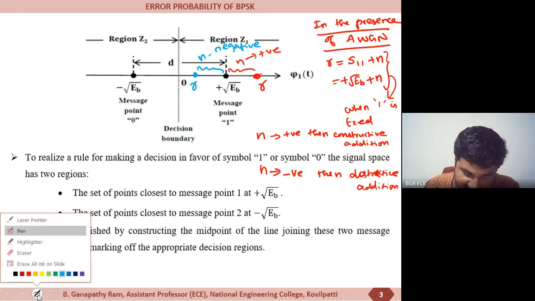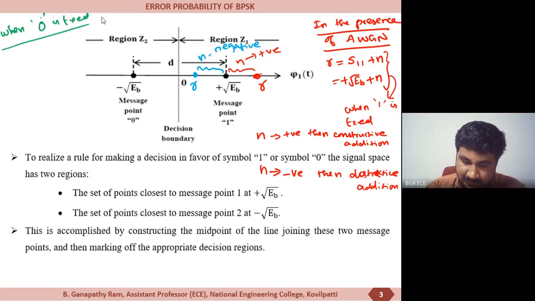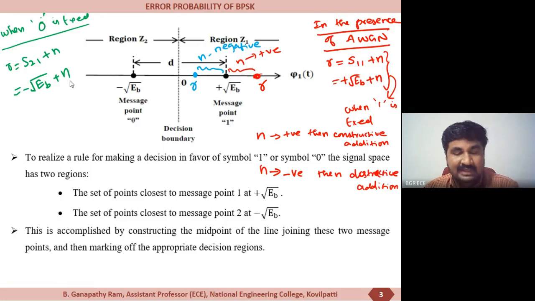Similarly, on the other hand, when 0 is transmitted, R is equal to S21 plus N, so minus square root of Eb plus N. Here also N may take two values.